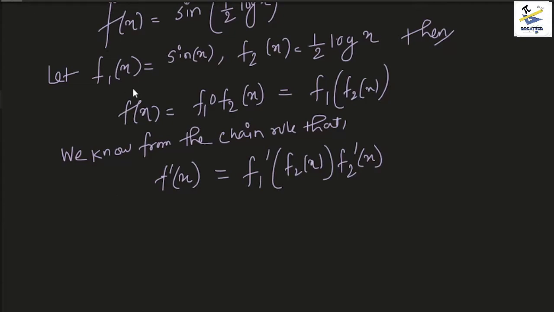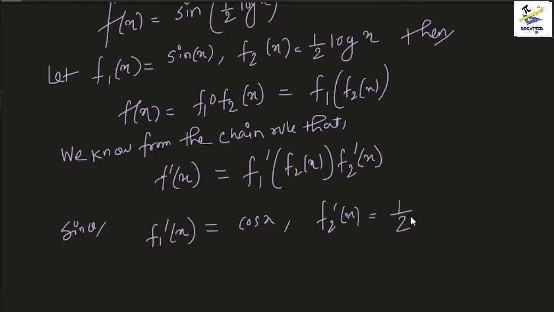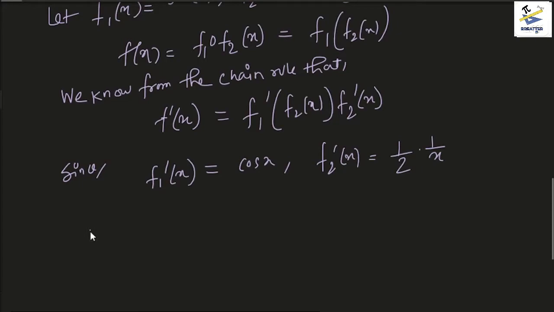We need to find the derivatives of f1 and f2 first, which are standard derivatives. The derivative of f1 of x is cos of x, and the derivative of f2 of x is half, which remains as it is because it's a constant, times the derivative of log x, which is 1 by x. Therefore f dash x is f1 prime of f2 of x times f2 prime of x.